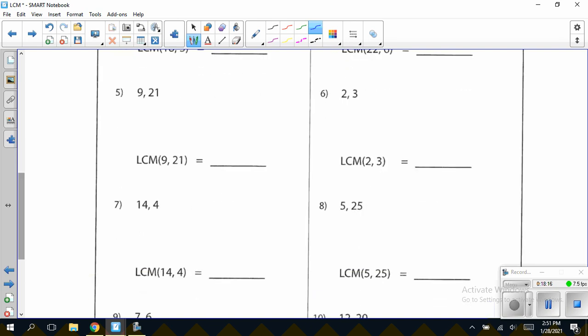For number 5, we have 9 and 21. List the multiples. Circle the very first number that they have in common. For number 6, we have 2 and 3. List your multiples. Again, find the very first number that they both have in common.